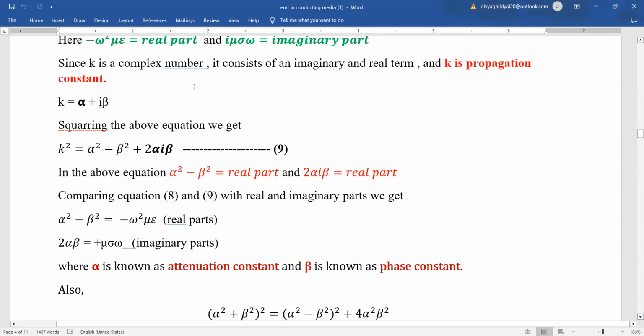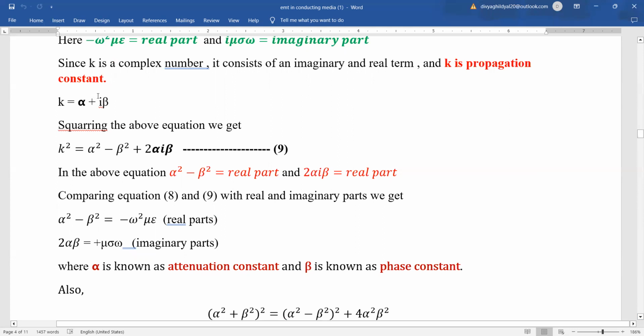See, k is a complex number, so we can assume that k is equal to alpha plus i beta, where alpha is the real part and beta the imaginary part. And we will square the above expression using the formula (a plus b) whole square is equal to a square plus b square plus 2ab.